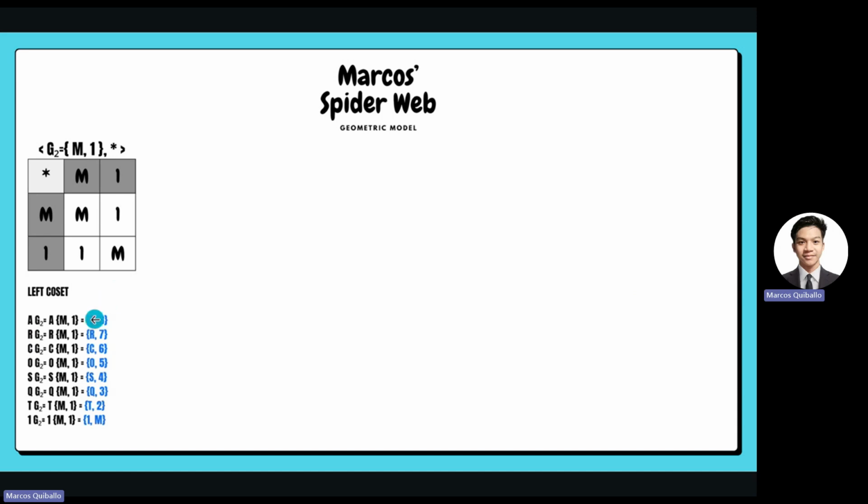As you can notice here, after we operate the elements to the elements of our subgroup, some of the results are the same as the other elements obtained.